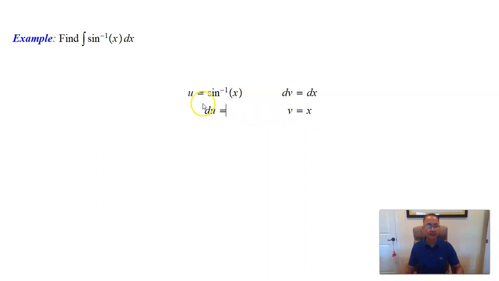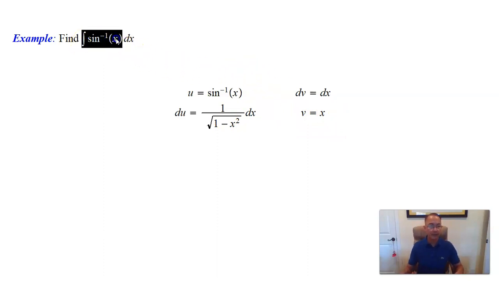But what's the differential of u? We need the derivative of inverse sine. And I hope you remember that it is 1 over the square root of 1 minus x squared. So du comes with a dx. All right, so we have du and v. We are ready for the integration by parts formula.